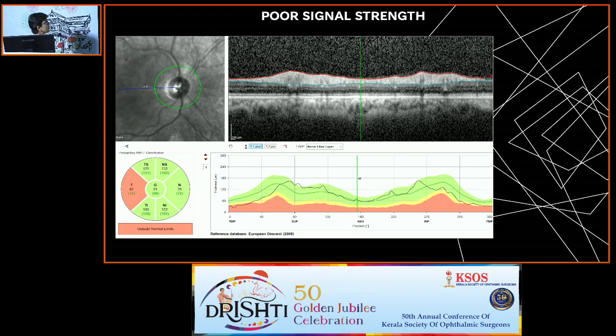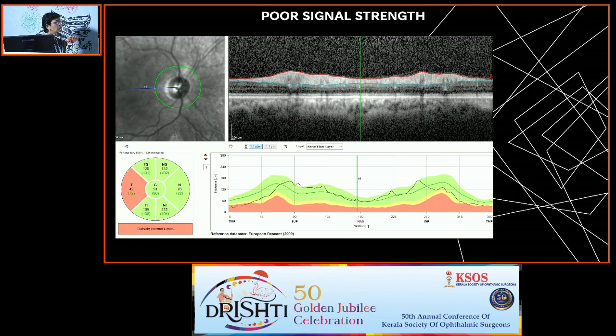If you look at this area, it does not show the details of the finer blood vessels. It is dark. This is the temporal part, and it appears dark red over here.